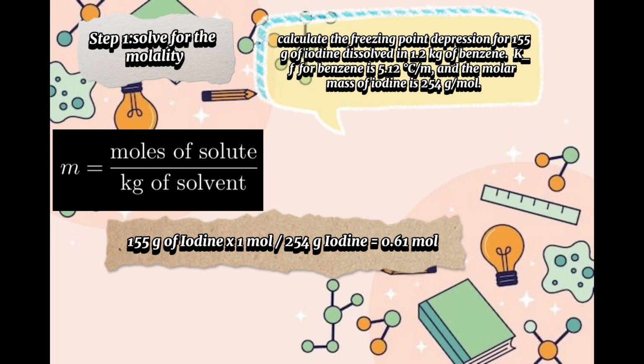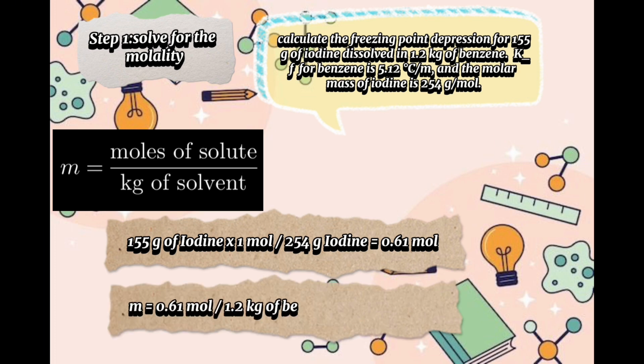The result is 0.61 mole. Next, we find the molality, which is 0.61 mole divided by 1.2 kilograms of benzene, which is 0.509 mole per kilogram, which is the molality.